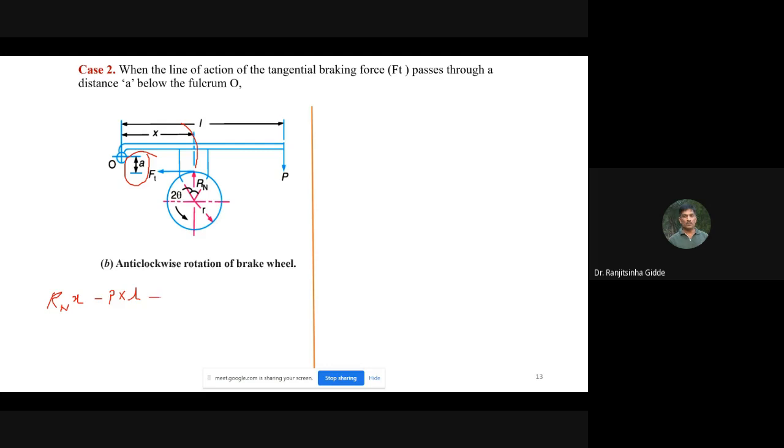Then minus, now this is FT, through this distance it is going to rotate.